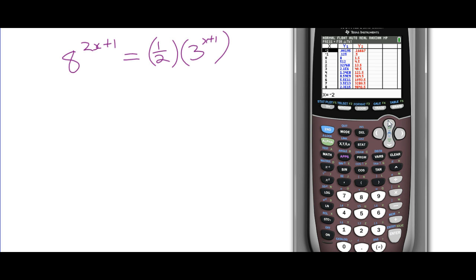All right, so that means we're looking somewhere between like -2 and +1. So I don't want a big window here. Actually, you know what? Let's just go zoom standard. Let's graph it in the standard window and see what we get. So the blue line, that's 8 to the 2x plus 1. Okay, we know what 8 to the x looks like. Takes off pretty quick. And the red line, well, here comes the red line.